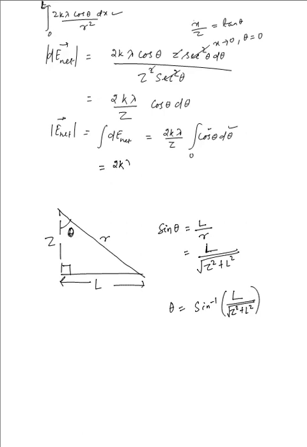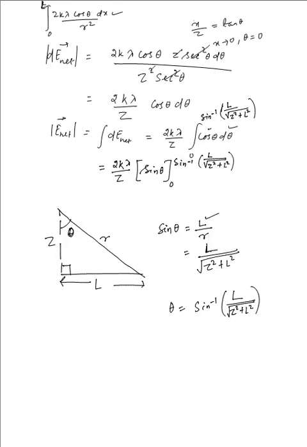So 2k lambda divided by z. Now the upper limit of theta for x is equal to L is simply sine inverse of, although that may seem pretty non-trivial, but it's my method, so I'll support it in some way. So the integration is obviously of cosine theta. Taking theta from limit 0 to sine inverse of L divided by the square root of z square plus L square.